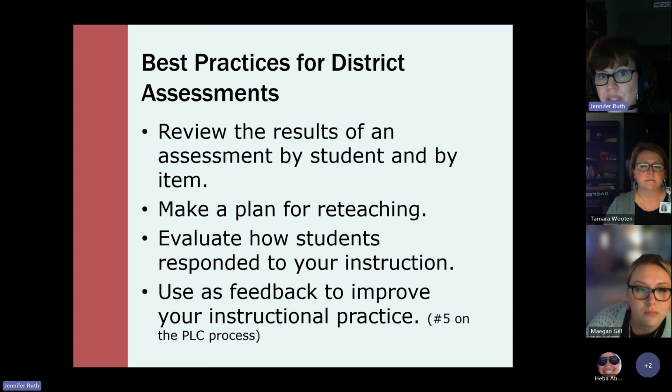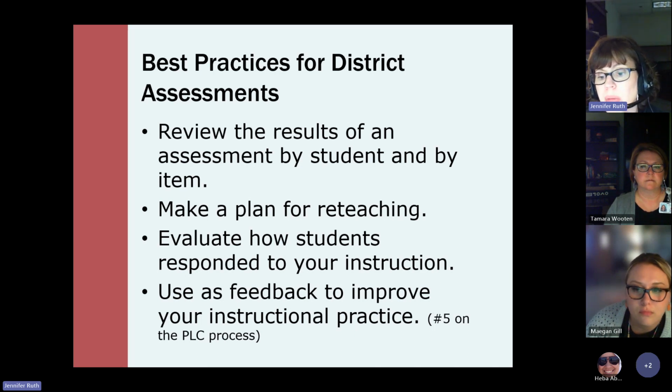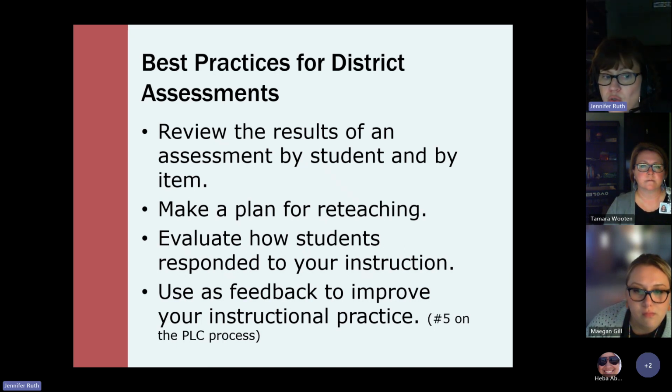Best practices for our district assessments are to review the results, both by student to see how each kid did, but also by item to see how students performed and how they reacted to my teaching in any individual TEK. You also want to make a plan for reteaching. What are you going to do to address those particular standards that students are still struggling with?